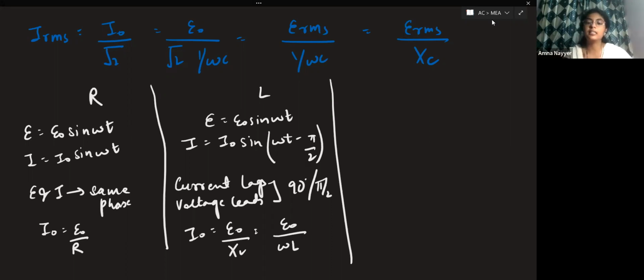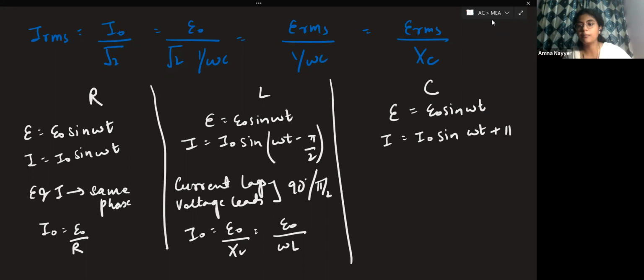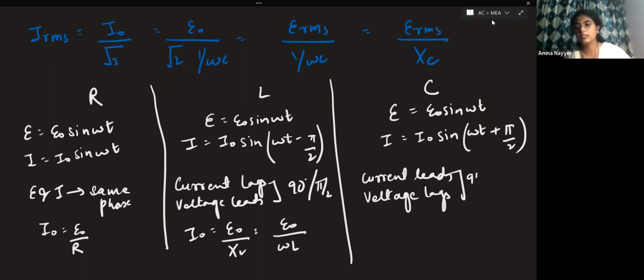Self-inductance is exactly what you studied in EMI. If a circuit contains only a capacitor, then you have E as E naught sine omega t. Current is I naught sine (omega t plus pi by 2). This shows that this time current leads and voltage lags, by 90 degrees or pi by 2.